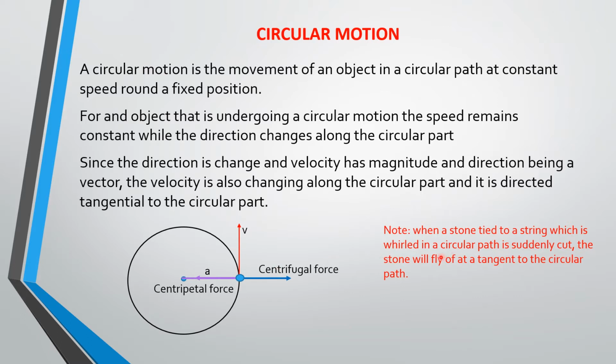Take note of this statement, because sometimes in either JAMB or WAEC, these questions come in your objective. So this is just a brief description of what circular motion is all about.